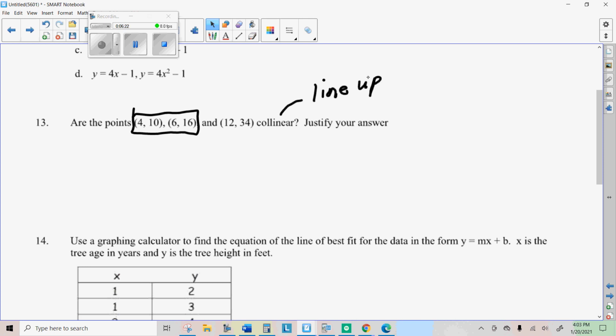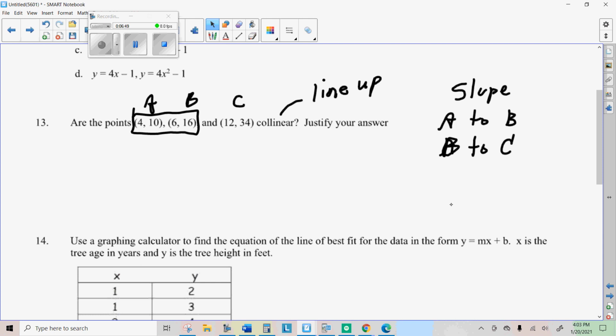All right. The other way you could check it is, let's say this is point A, this is point B, this is point C. You could find the slope from A to B. You could find the slope from B to C. And if you get the same slope, then they're collinear, because if you have the same slope, then that line is going to end up being a straight line.